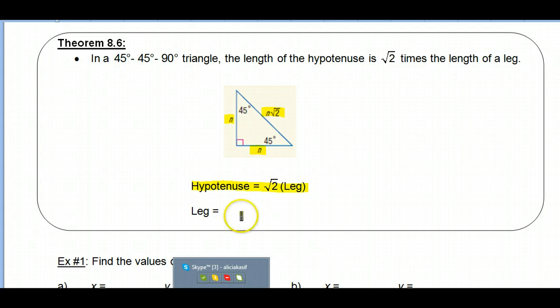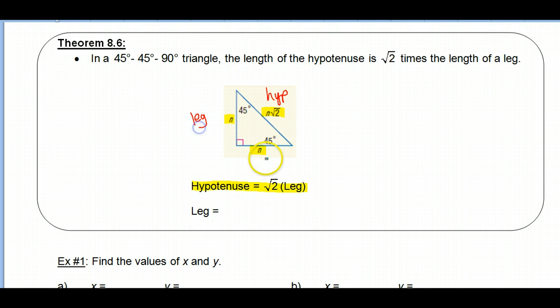In this 45, 45, 90 triangle, here's our hypotenuse. It doesn't matter which leg we're referring to because they're the same. The legs of a right triangle are the ones that form the right angle. So if I have a 45, 45, 90 triangle and I know the leg, I can always find the hypotenuse.